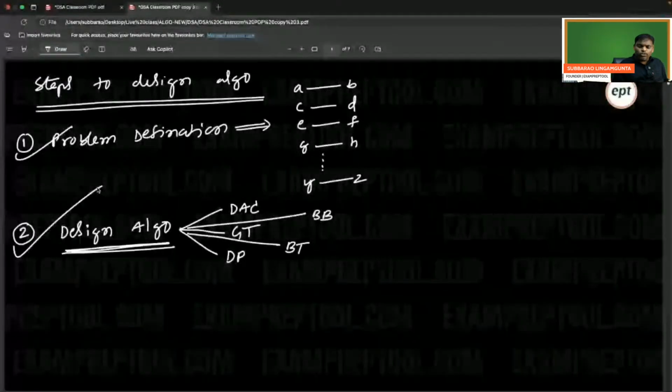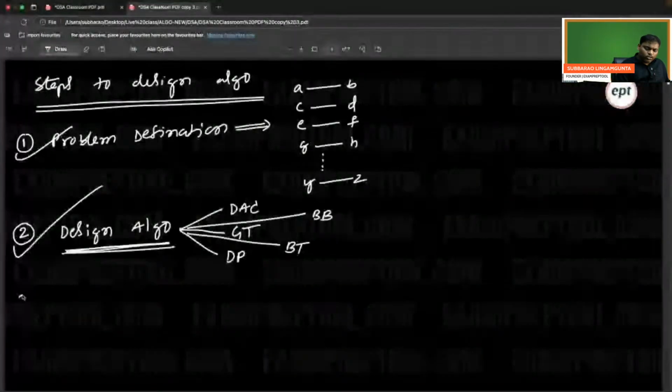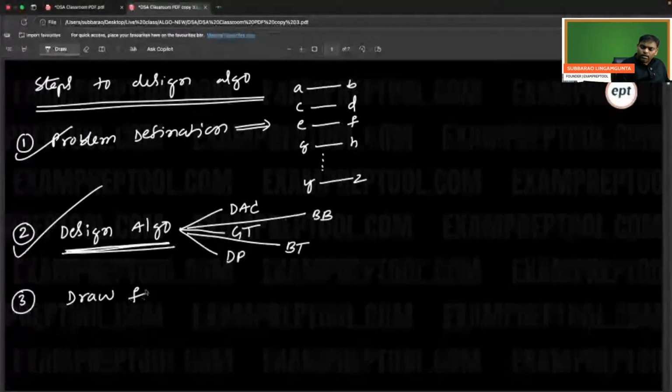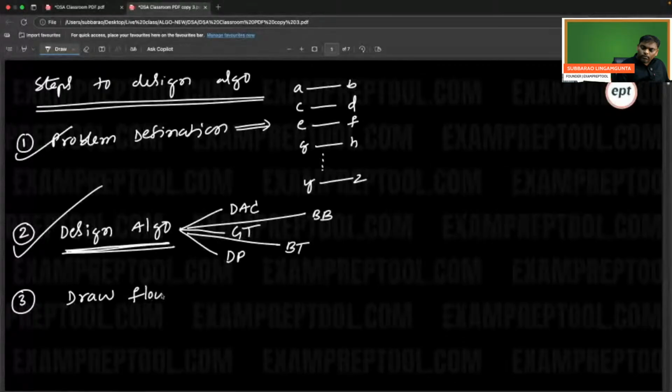Now, because almost everything is okay, third step: draw flowchart. Second step available means you already have the algorithm. Next one is draw flowchart. That is the third step.